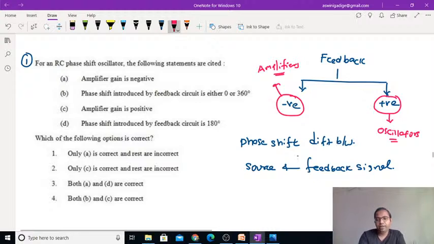Okay, fine. Now we will see. I told that the phase shift difference between the source signal and the feedback signal decides the negative and the positive feedback, right? So if the phase shift is 180 degrees, then it is called negative feedback.